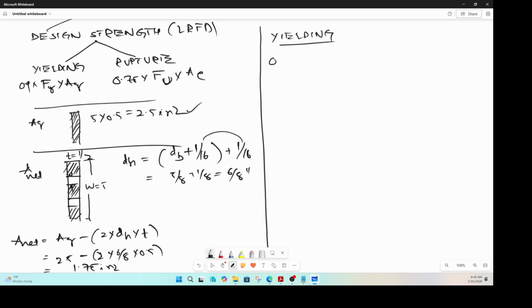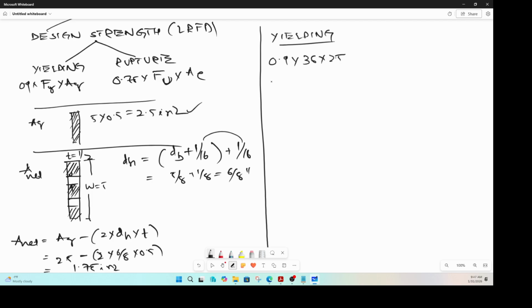how do you get the strength? You take 0.9, multiply with your Fy, which is 36, and your A gross. Correct. What is your A gross? A gross is 2.5 inch square. Correct.